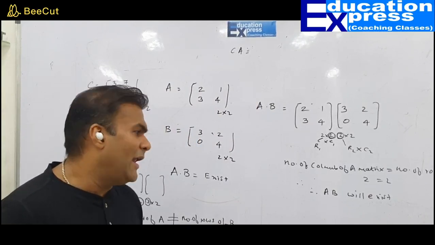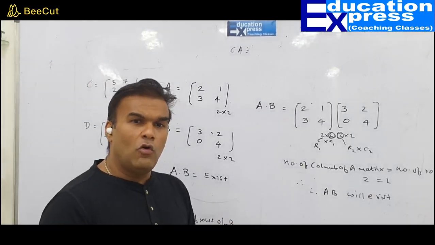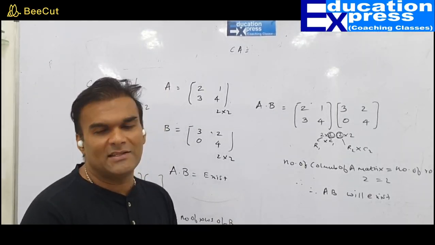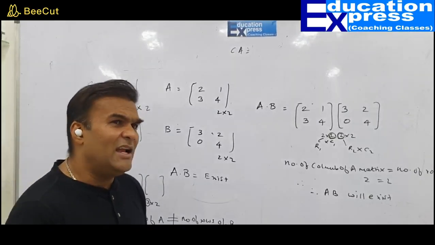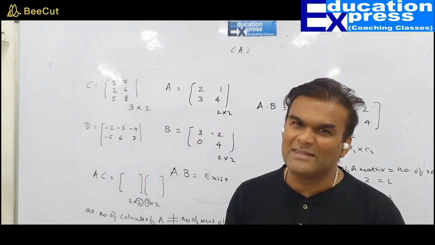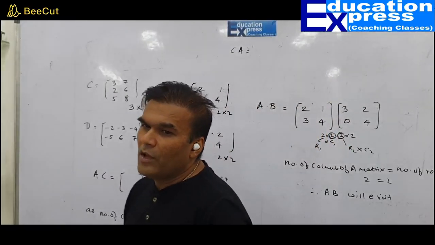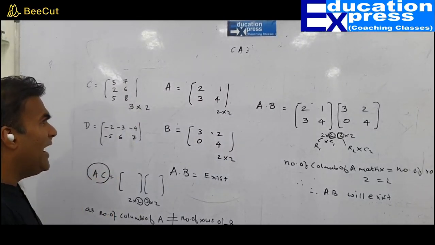So don't ever tell me that if AB exists, then BA has to exist. It's nothing like that. There are chances that AB can exist and BA does not exist. In this example, as you saw, AC does not exist.